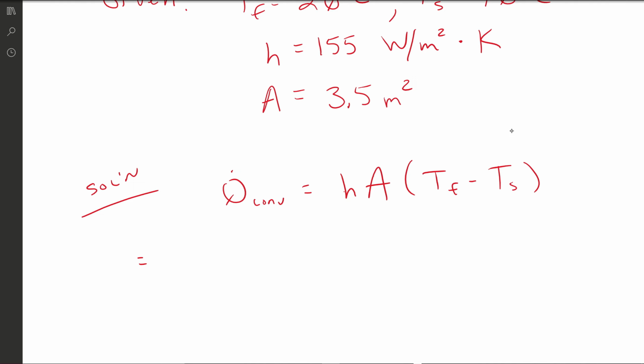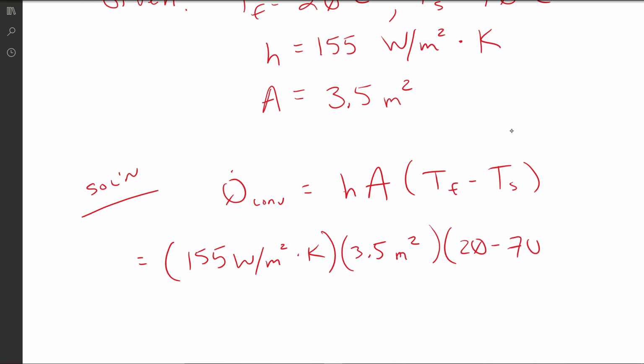All right, and it's equal to 155 watts per meter squared times K times 3.5 meters squared times 20 minus 70, and this is degrees Celsius.